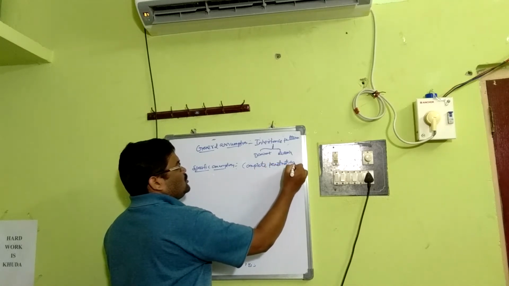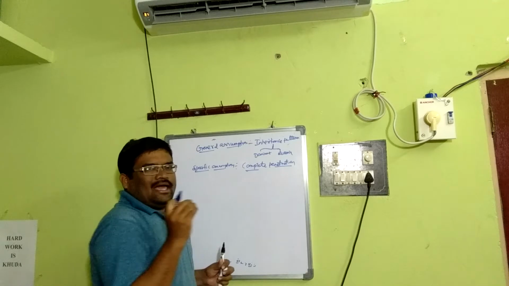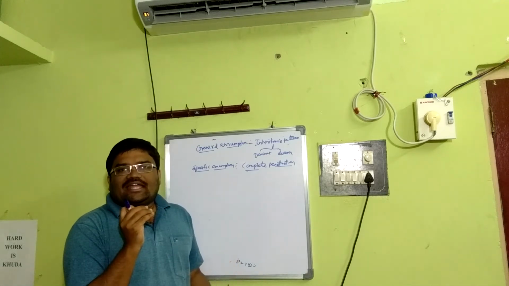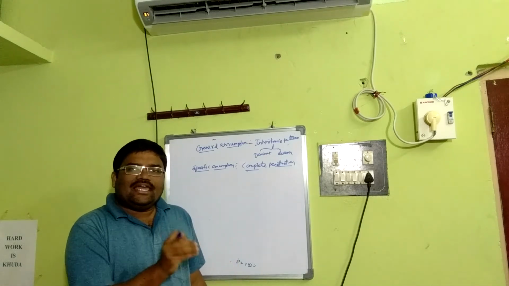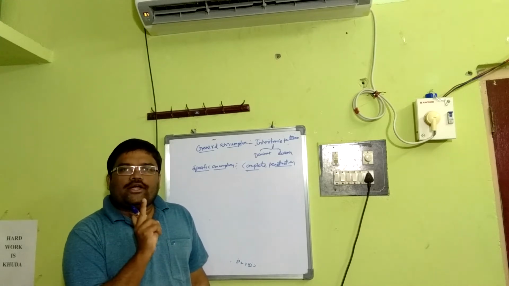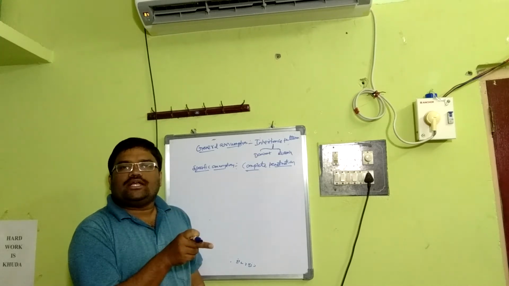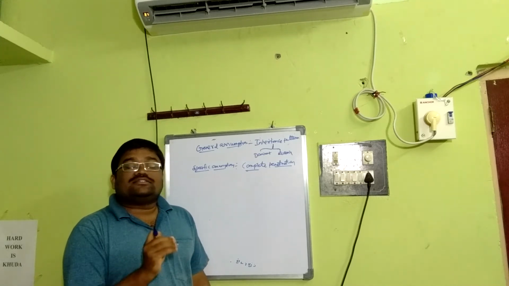Complete penetrance means that an individual shall get affected if he or she contains one dominant allele if it is a dominant trait, or two recessive alleles if it is a recessive trait.